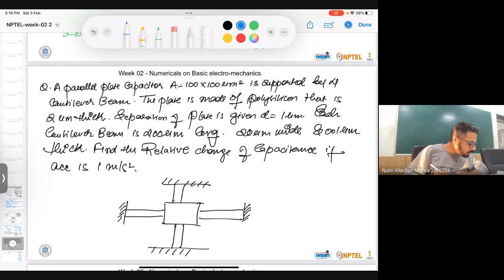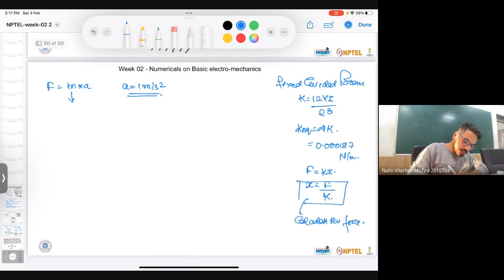Micrometer. I think I've missed out the density, but anyways, density can be written as mass upon volume.